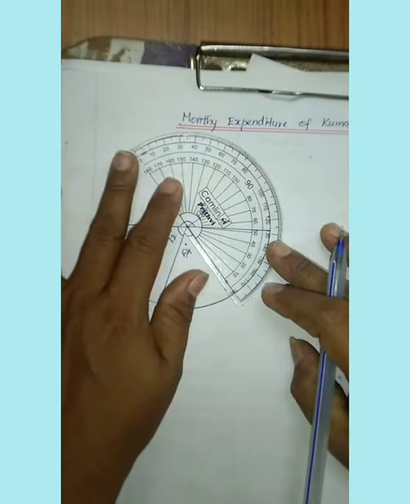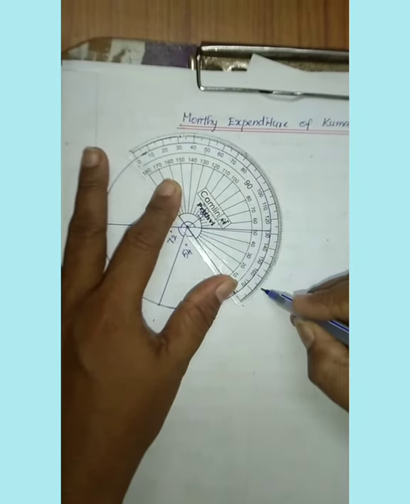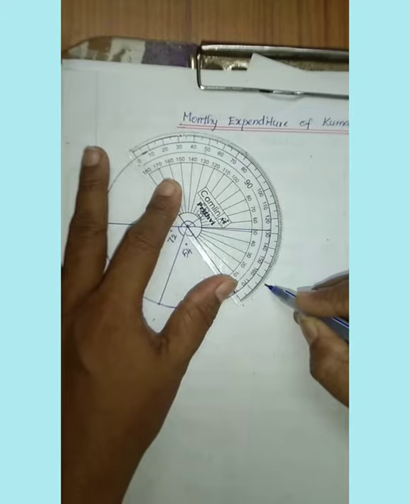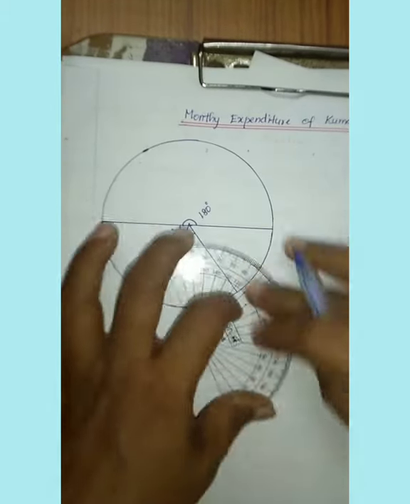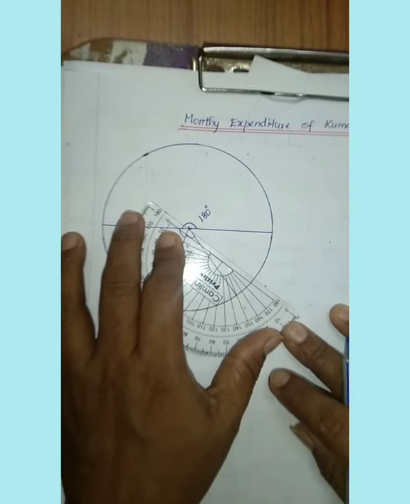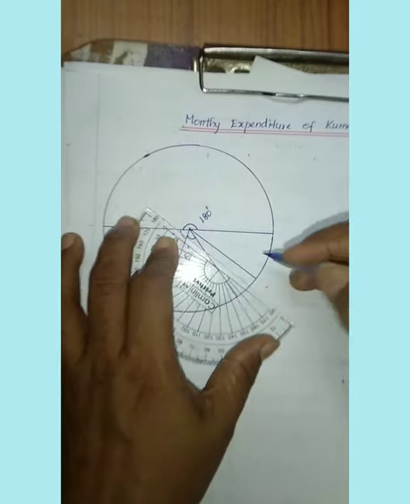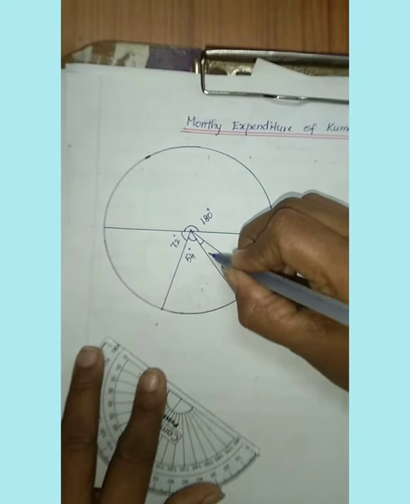Then 18 degree. 15, 16, 17, 18. This is 18 degree.